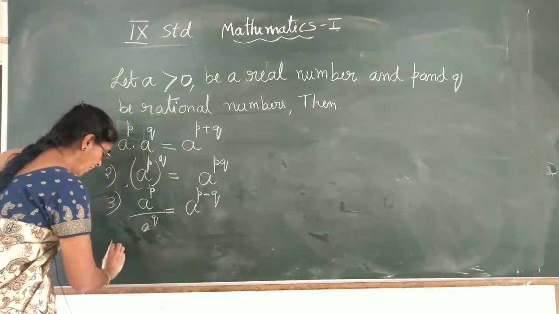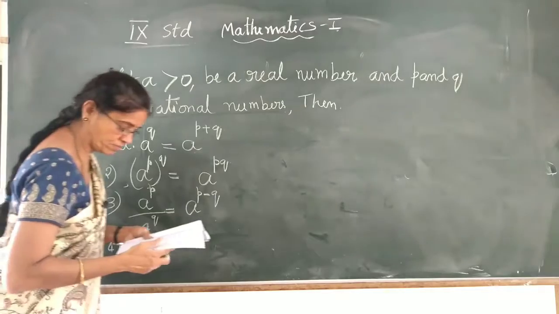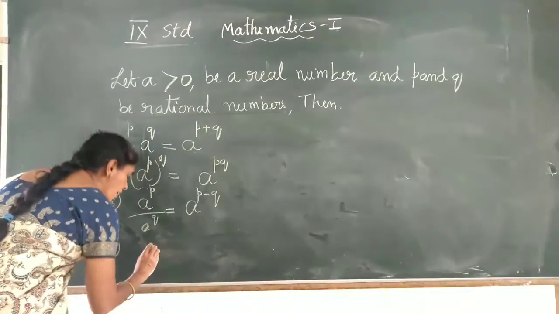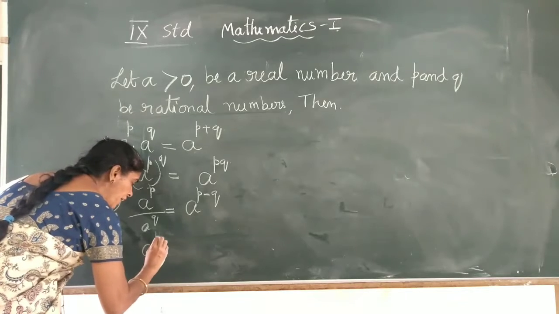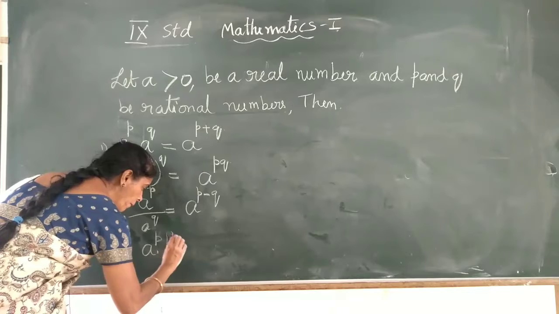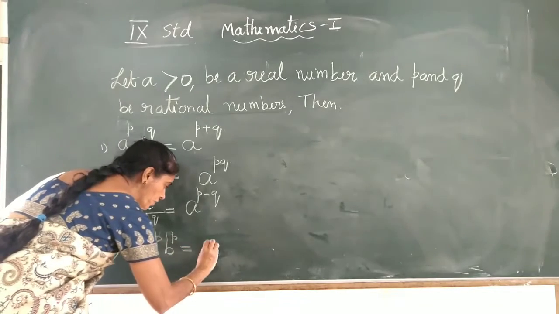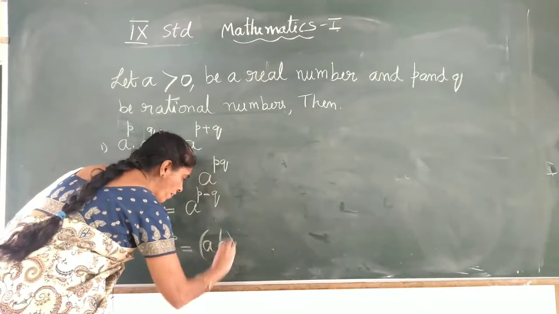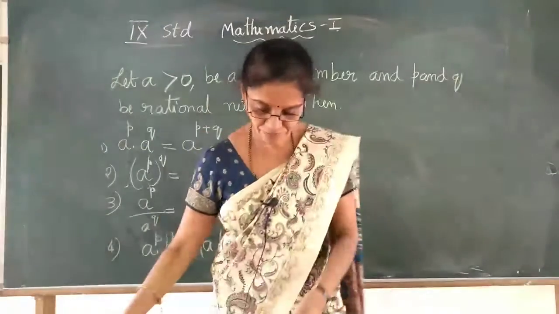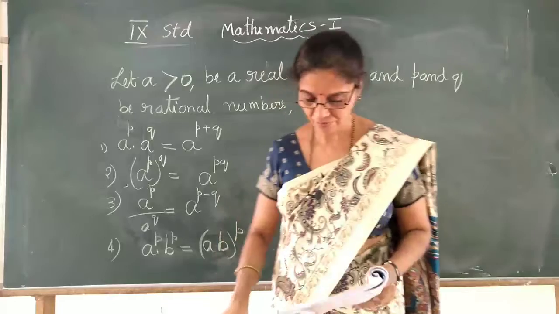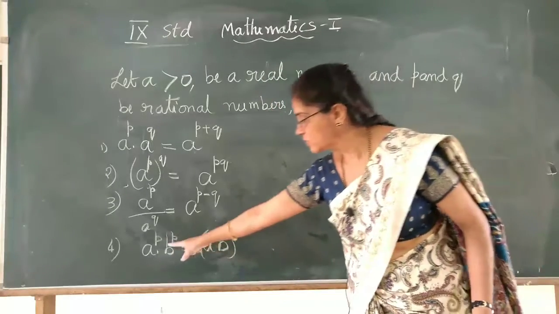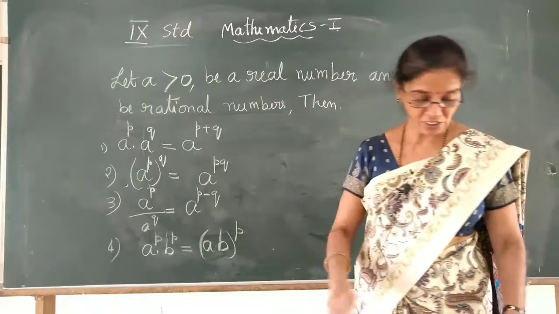And lastly we have a to the power of p into b to the power of p is equal to ab to the power of p. That is the fourth law. So if the same power is there on two numbers, we can keep them in the bracket.